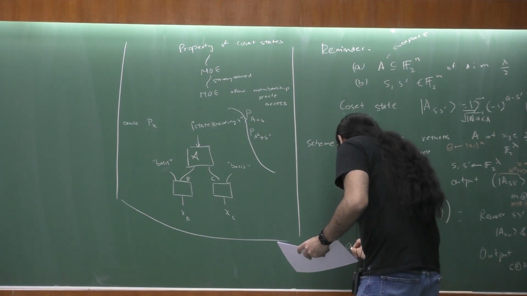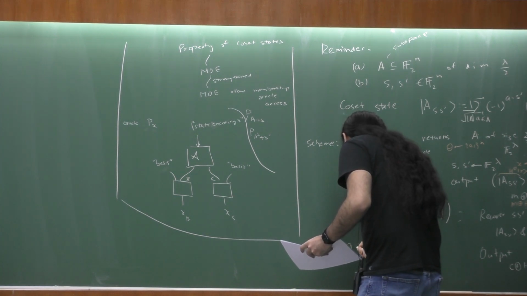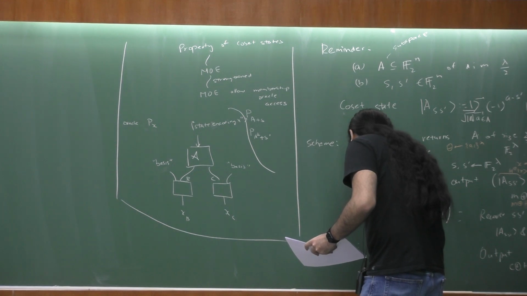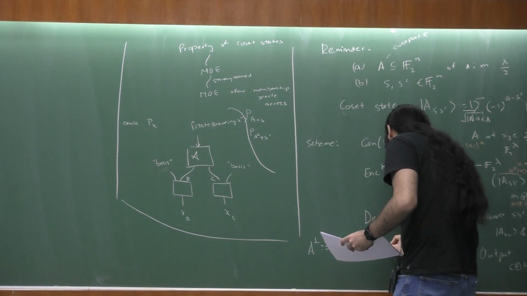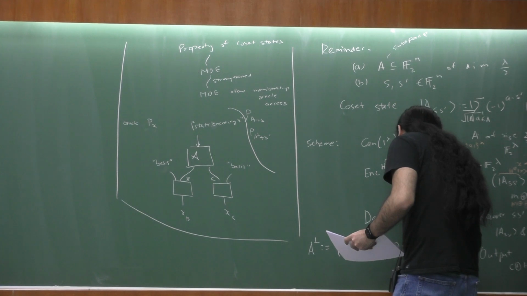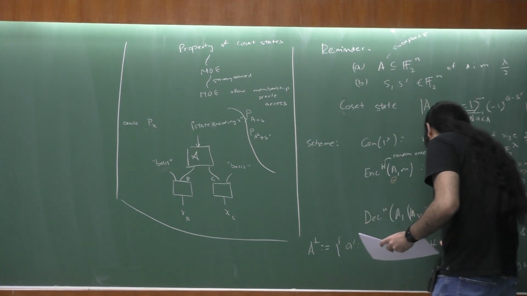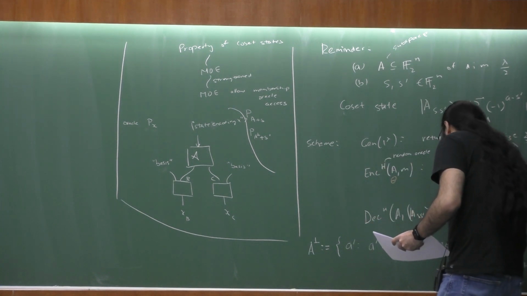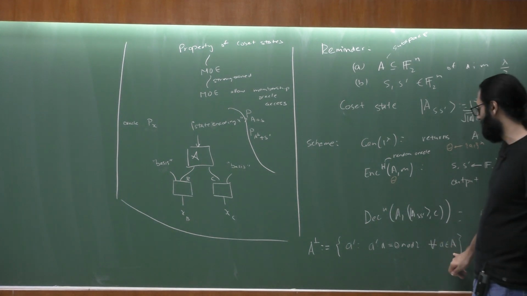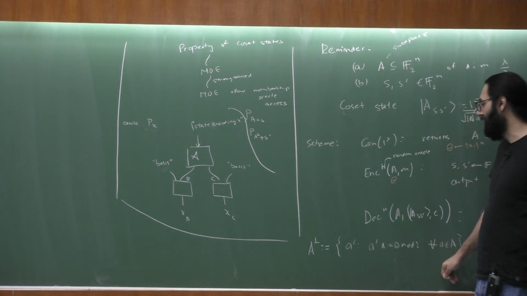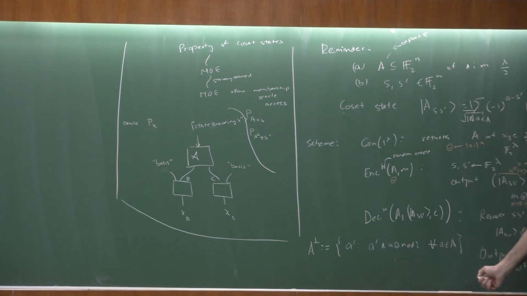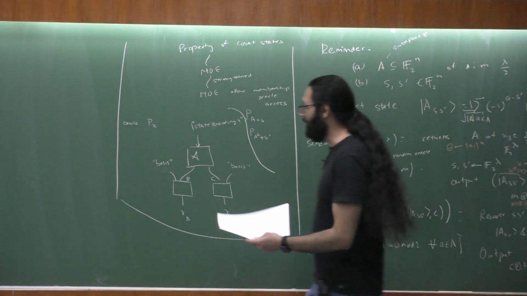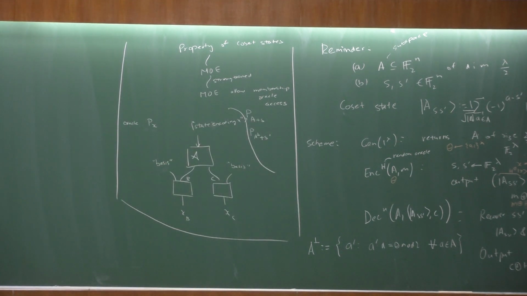It's the set of A primes such that A prime dot A is 0 mod 2 for all A in capital A. It's almost like a dual. So basically you take any vector in the big subspace capital A, the dot product with A prime has to be 0 modulo 2 because we're in F2. That's the definition. Yeah, thank you for reminding me.